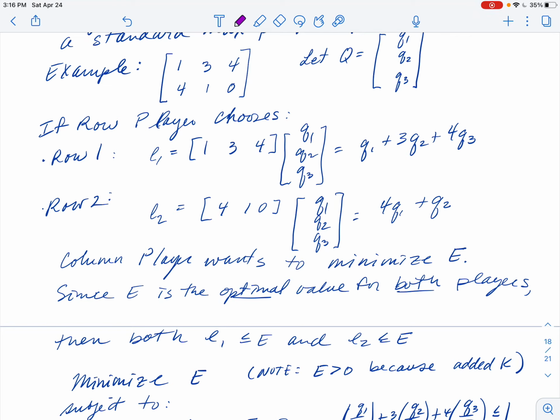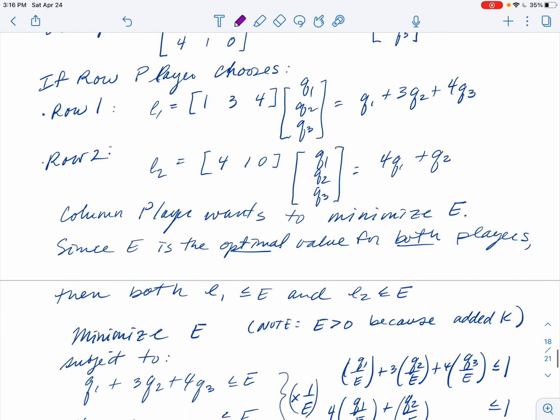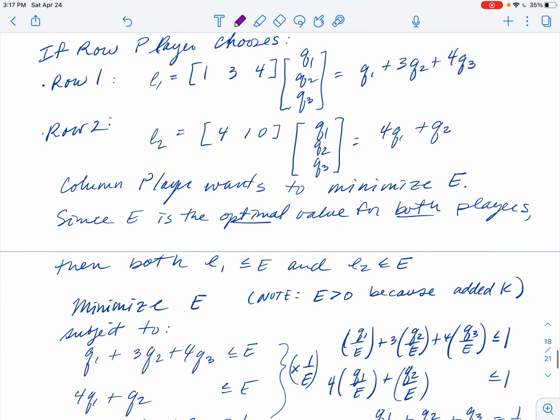That means E1 and E2 are both less than or equal to that final answer, capital E, which is the optimal value of the game. In other words, the row player is trying to bump that E up, while the column player is trying to bump it down. That's an important part of this.